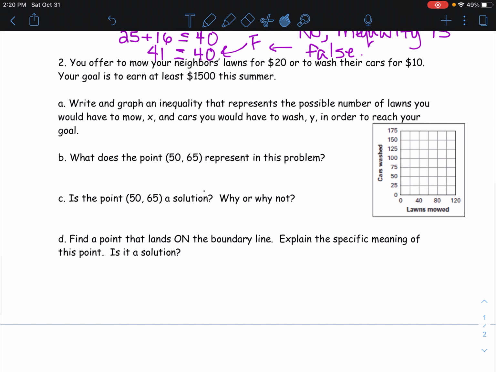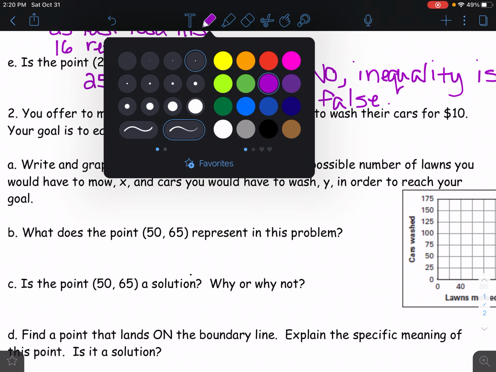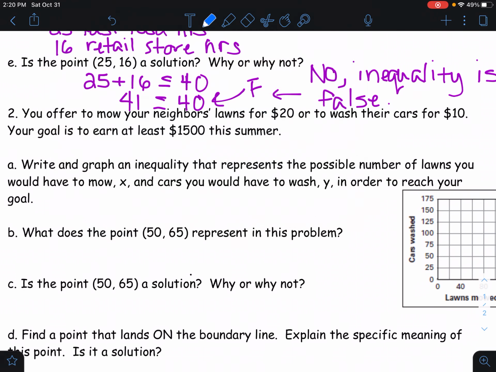We know lawns. I'm going to use a different color. Lawns, $20 each time. Car washes, $10 each time. And you want to earn at least $1,500. Okay, so X is lawns, so 20X.